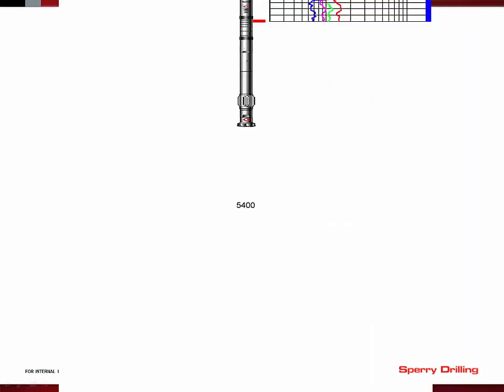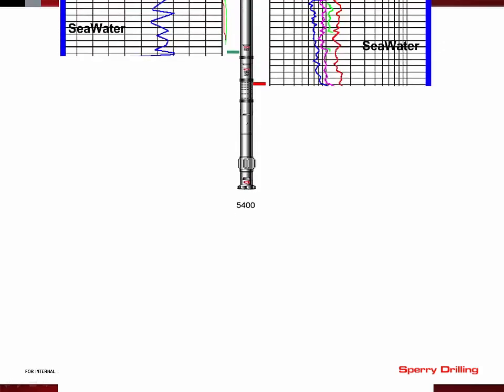Okay, just to illustrate a little more what's happening here, this is a little animation which illustrates what's going on. We're starting off by drilling in seawater. That gives us the separation that we've seen on the resistivity, and it gives us a particular response on the gamma ray. Notice the gamma ray sensor is actually lagging behind the resistivity sensor, which is a little deeper down the hole.